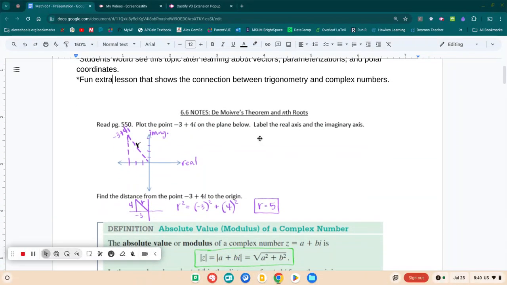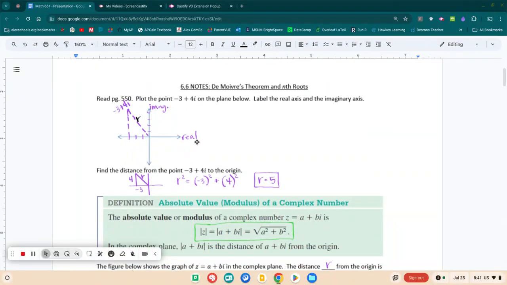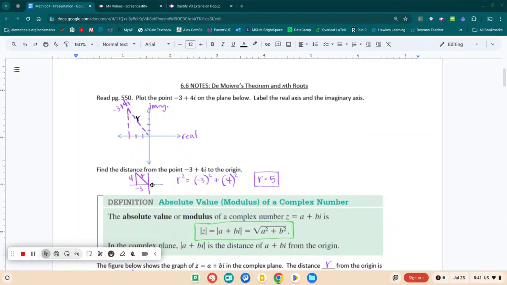For this lesson, not super engaging, I asked students to read a little bit in their textbook to help get an idea of what the complex plane looks like. Then I tasked them with plotting this imaginary number, -3 plus 4i, on the complex plane. We talk about distances and the geometric representation of what we're seeing here, as we've talked about reference triangles within our trigonometry significantly.